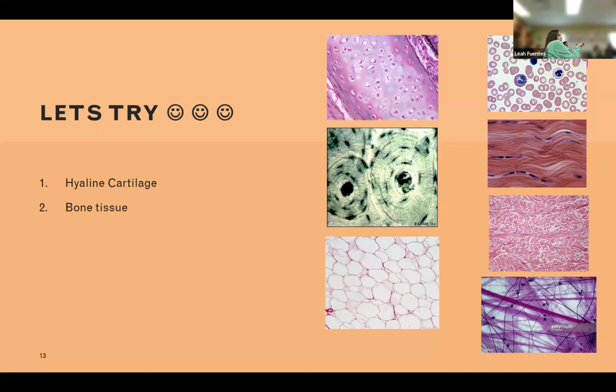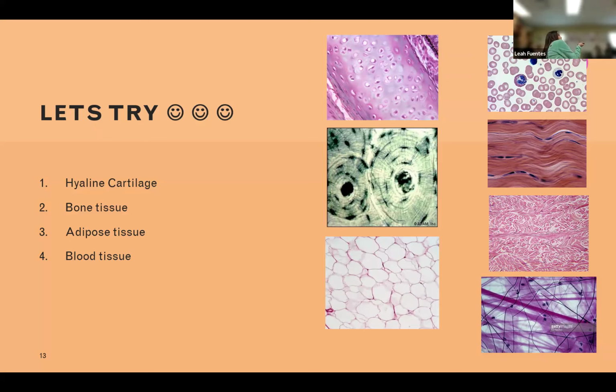What type of tissue is this? Connective, good. Number 3, adipose, good. Where is adipose found? Yeah, breasts, fat, good. Number 4 is up here, blood. What type of tissue? Connective, good.